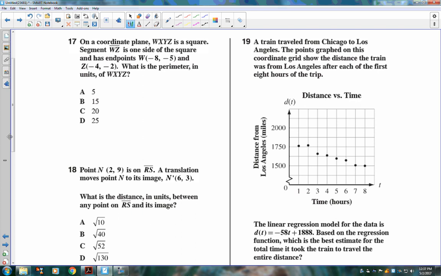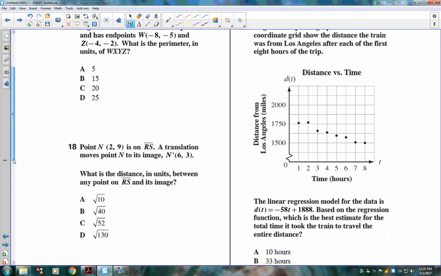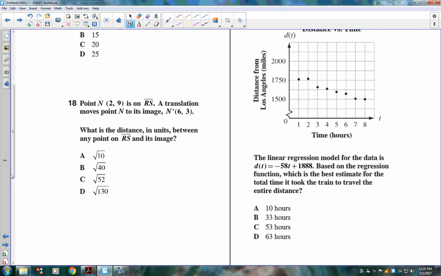The linear regression model for the data is given as d of t equals negative 58t plus 188. Based on the regression model, which is the best estimate for the total time it took the train to travel the entire distance?